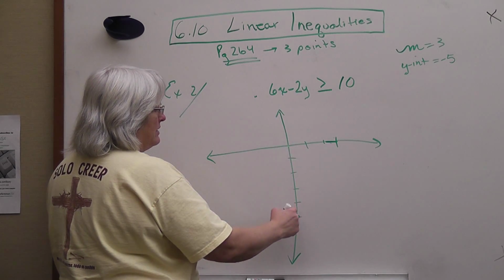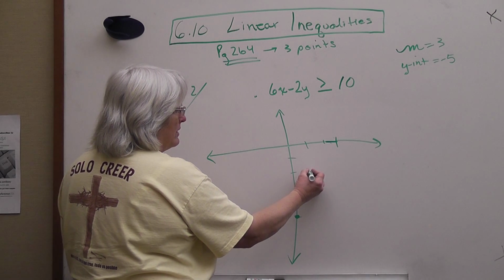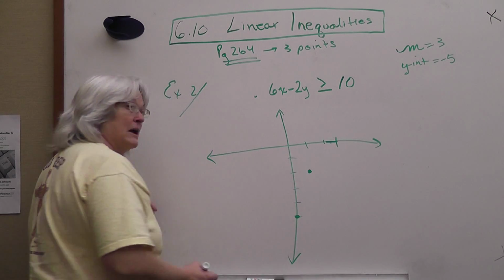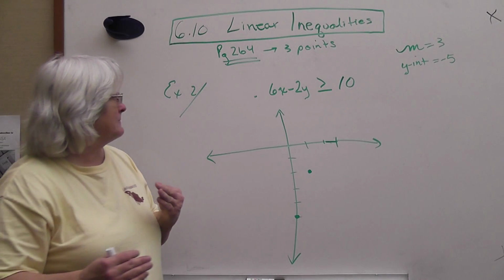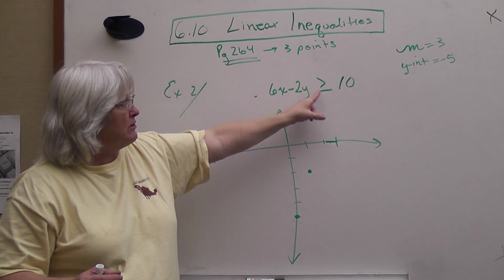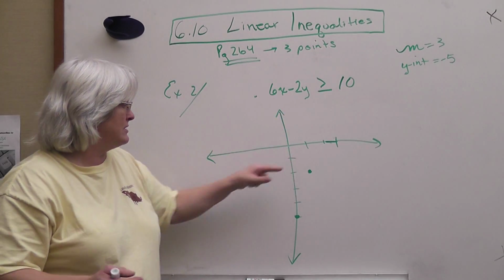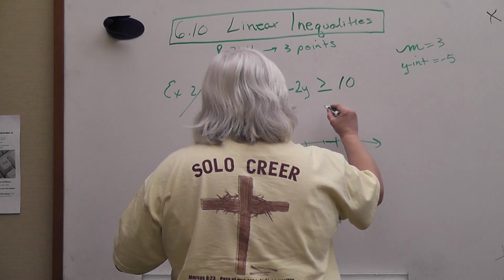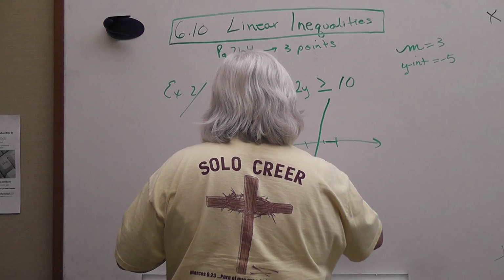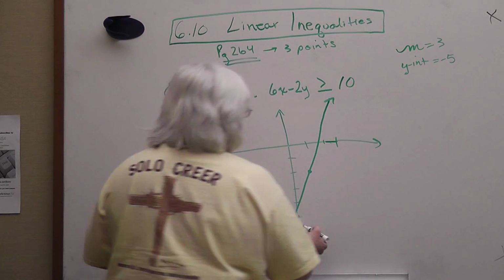The slope is 3: up 3 over 1. That's the second point on our line. Now, it says greater than or equal, because the inequality includes the equal sign. This is going to be a solid line that passes through those 2 points.